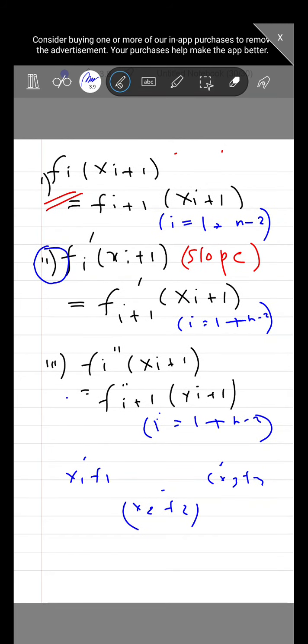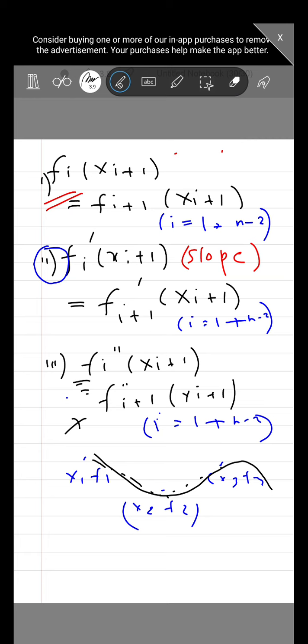It's not only that they need to be joined through slope, but the curvature needs to be maintained. That curvature is taken care of by the second differentiation and this condition. So this is how the cubic spline conditions work.